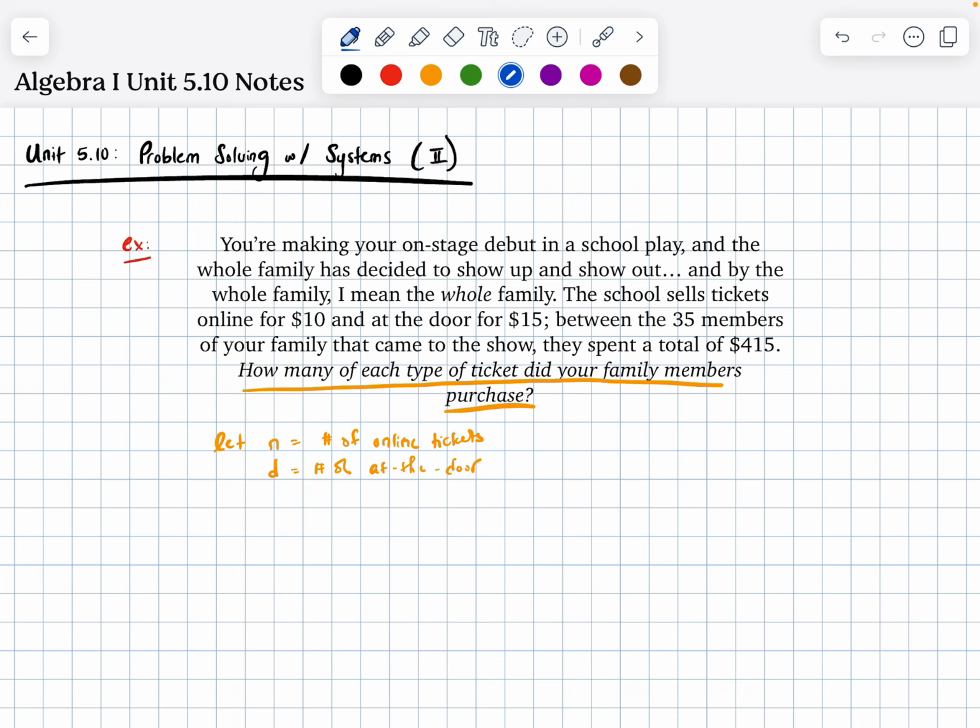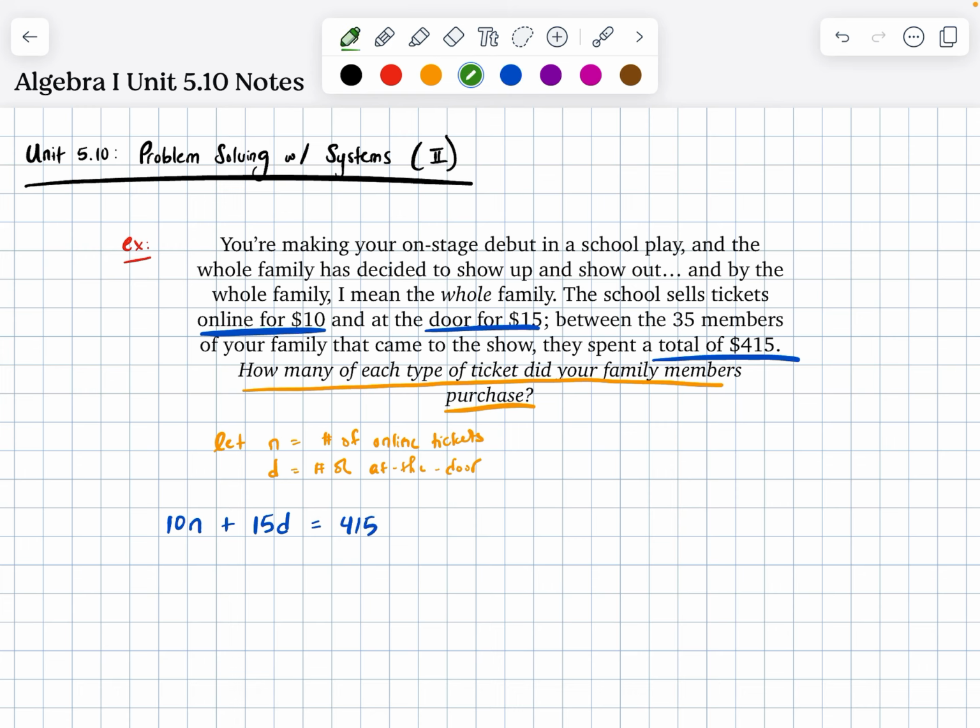From here, no particular relationship that I need to use to my advantage. Let's build our equations. Looking here, I know that online tickets are $10, at-the-door tickets are $15, and in total, we've got $415. So if I have $10 per online ticket, and I multiply that by the number of online tickets that I sell, there's the cost from online tickets, plus $15 per at-the-door times the number of at-the-door, there's the amount we got from at-the-door tickets.